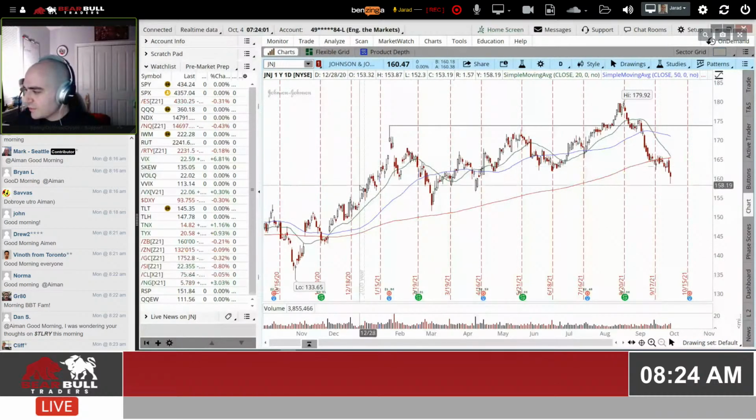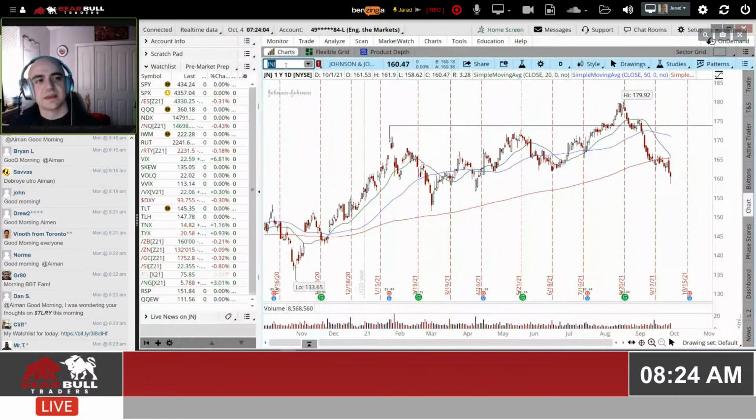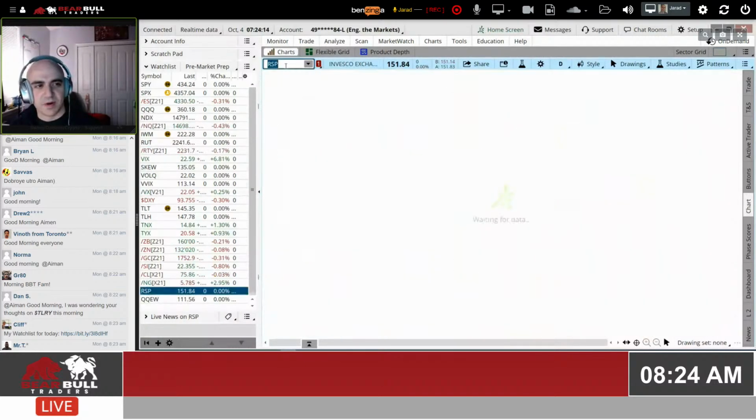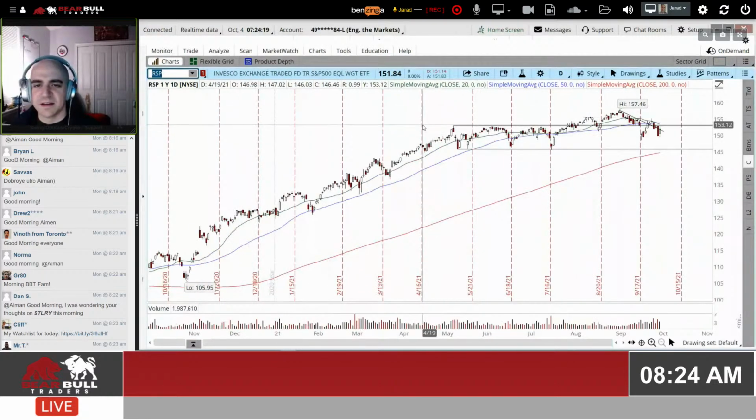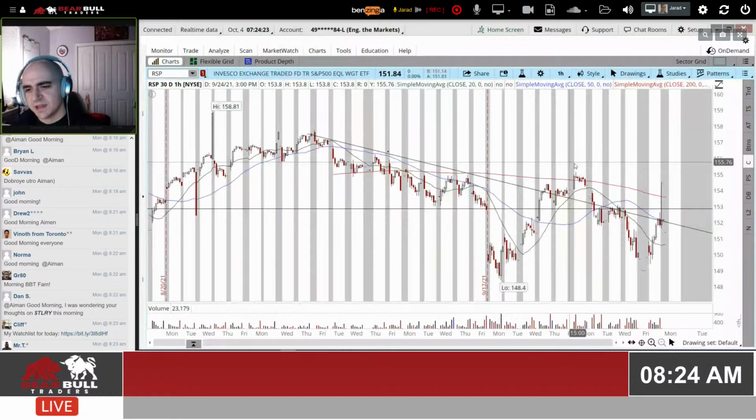So forming a thesis into this week, what we're looking for is either our bullish response to be supported by some recovery of market breadth. Once again, bringing up RSP, the equal weighted ETF. Idea here is that this is also in a relative downtrend.